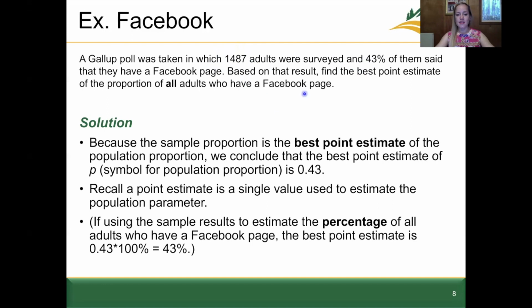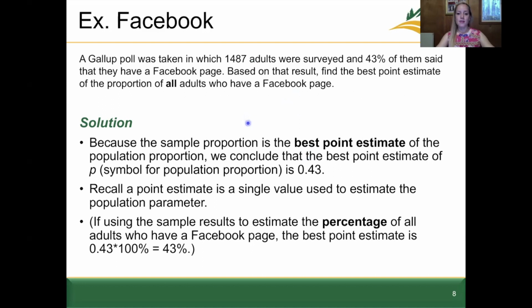We're being asked to take this information that's a sample of all adults and then apply it to the full population of adults. The only thing we can do is to assume that these 1,487 randomly selected adults are truly representative of the whole population of adults. So then considering that we need one single best point estimate, that's 0.43.